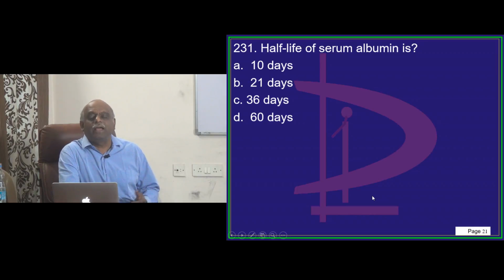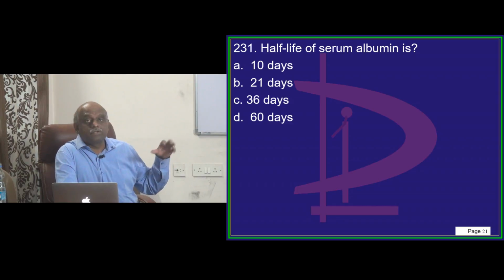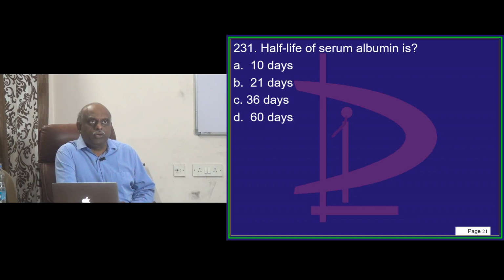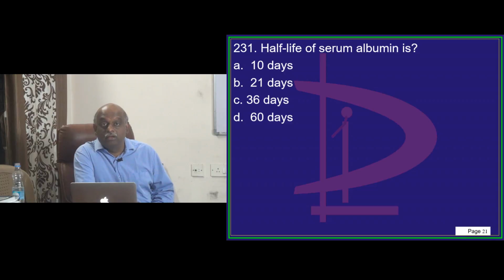So what is the half-life of the serum albumin is my question to all of you. Question number 231. Serum albumin, transferrin, these are some of the important proteins. Their half-life needs to be known because they are the markers of certain chronic malnutritional states.